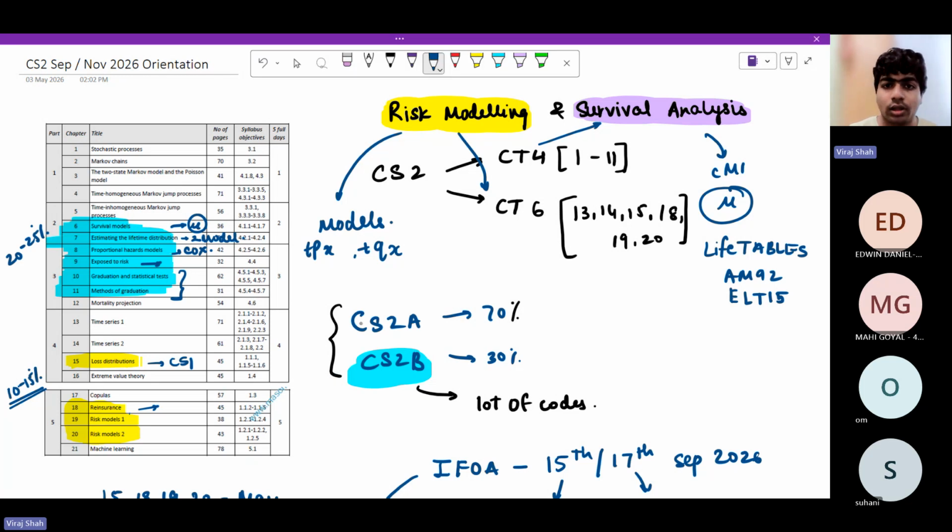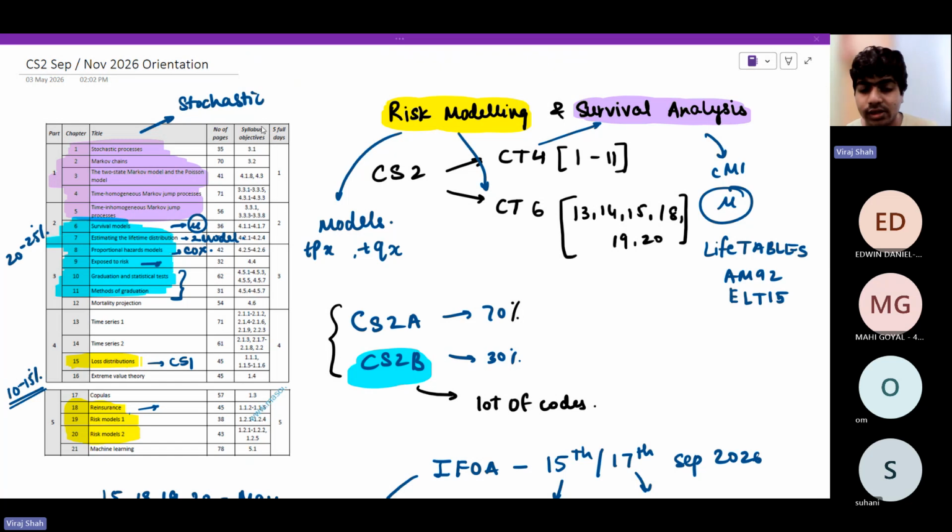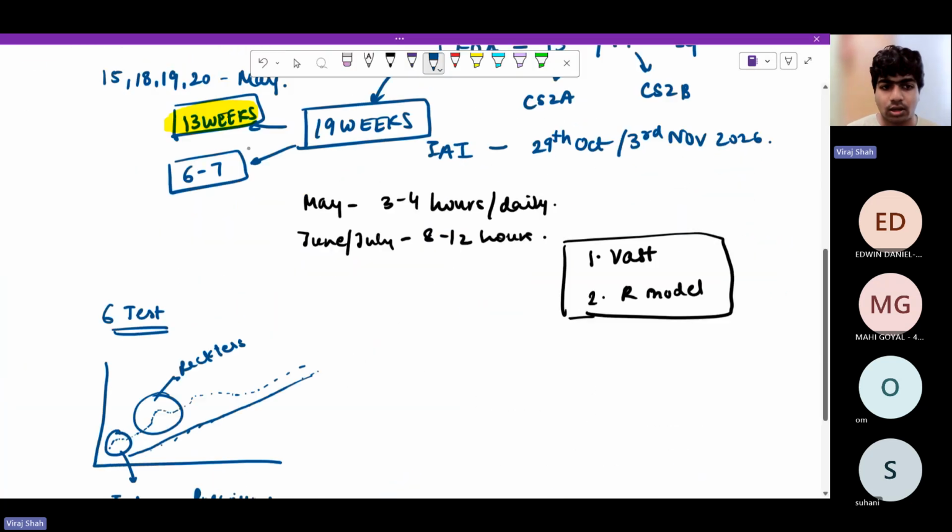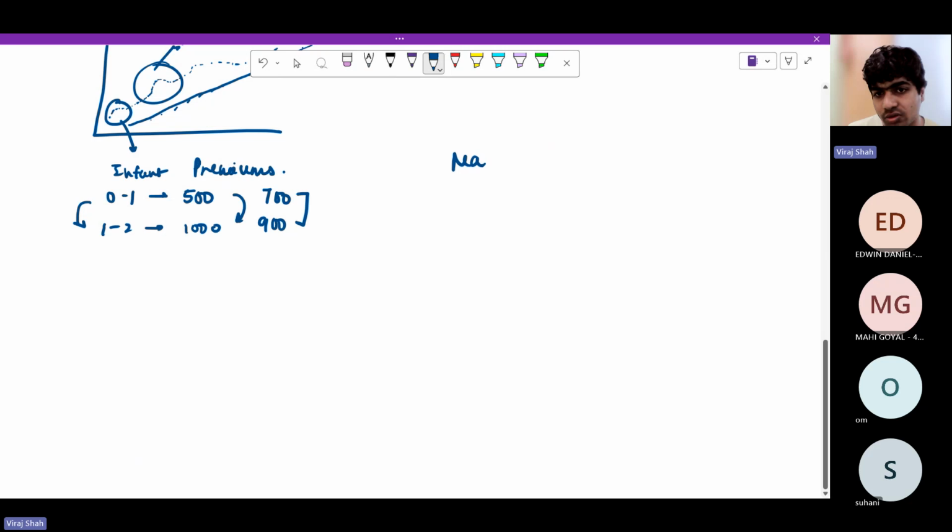The third set of chapters that I'm going to go through is 1, 2, 3, 4, 5. This is a chapter which is stochastic. So basically, what does this model? Markov chain and Markov jump.